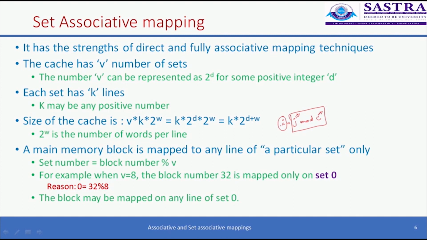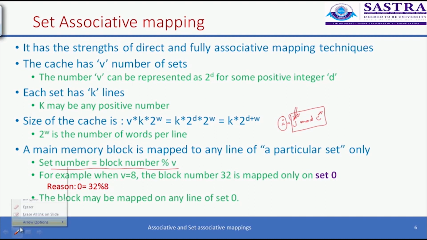Only on that cache line this block should be mapped. Very similar to this, the set associative mapping finds a set using the formula: set number equal to block number mod V. V is the total number of sets available in that cache.